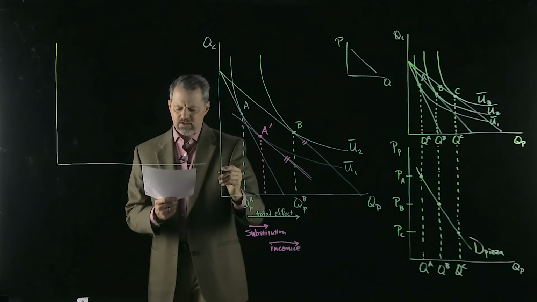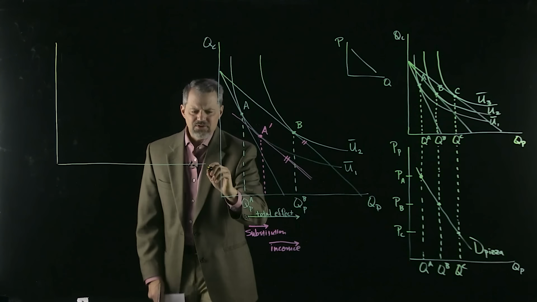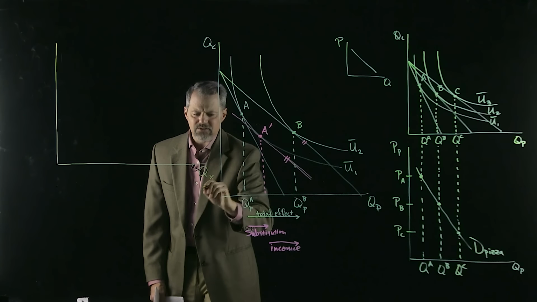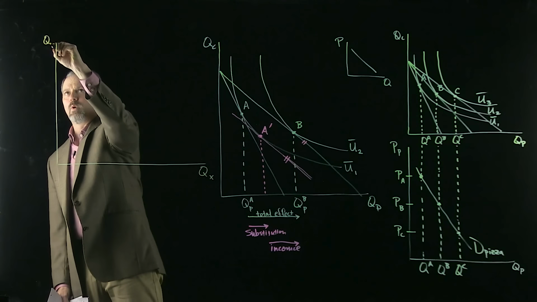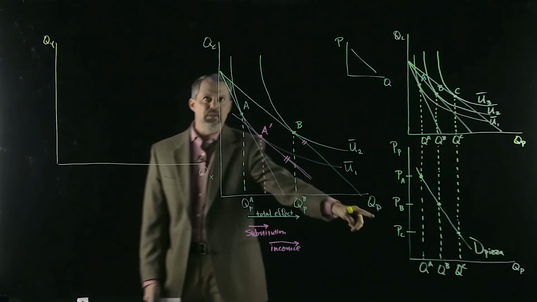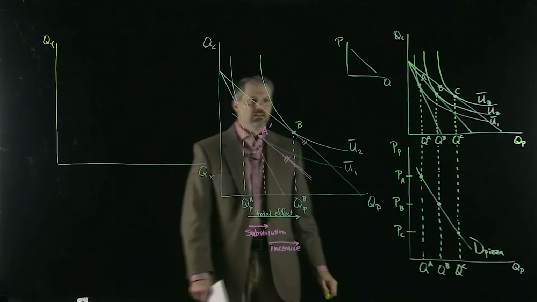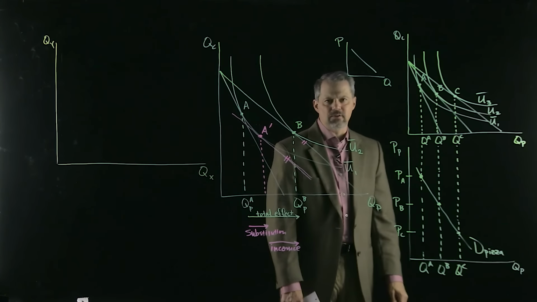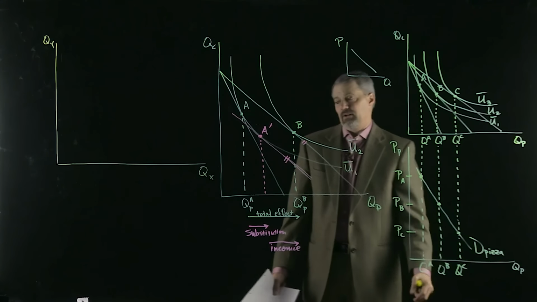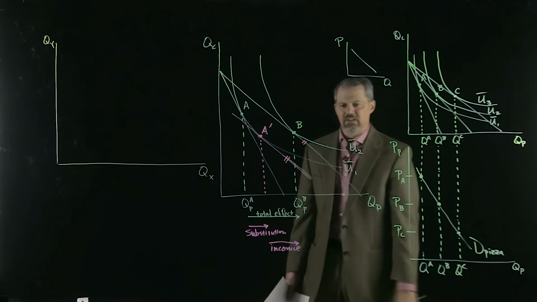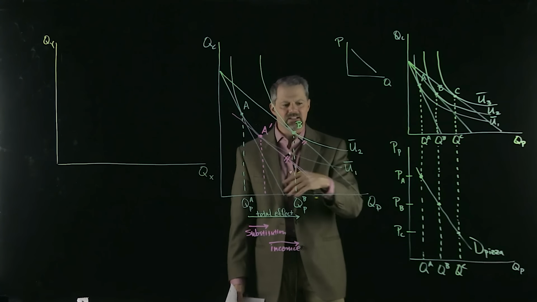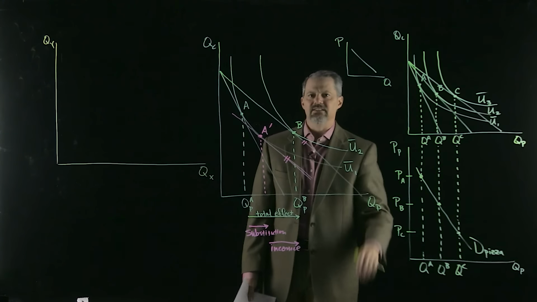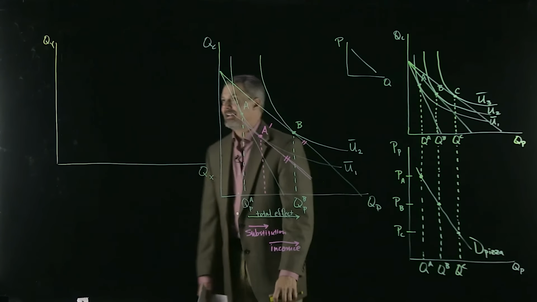So I'm just going to call this quantity X and quantity Y. I don't want to go with my pizza and Coke example because neither of these goods are Giffen goods. So I don't want anybody watching this video and somehow thinking that I'm trying to demonstrate that pizza is a Giffen good, because it's not.